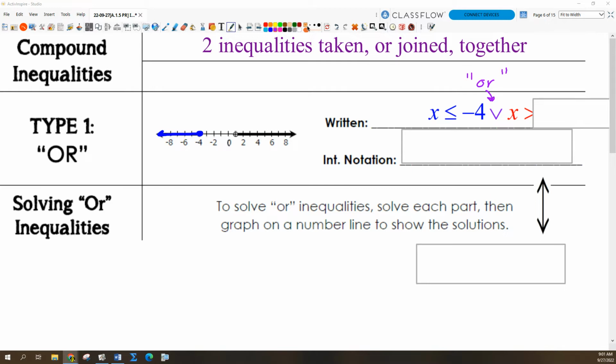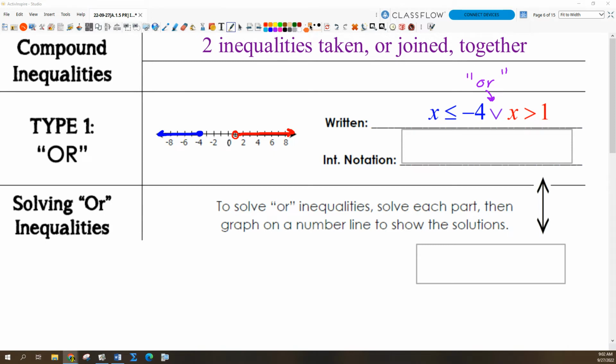That capital looking V is the symbol for or. Or the other part of it is x is greater than 1. So x is greater than 1 is the red part. And it would make sense for us to use the word or there because you can only be in one of those two places at the same time. Both of those statements can't be true at the same time. Okay? Give me thumbs on that.